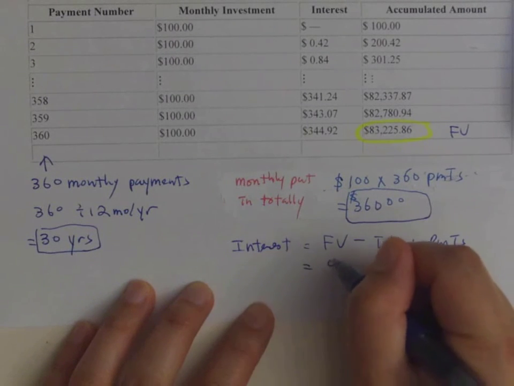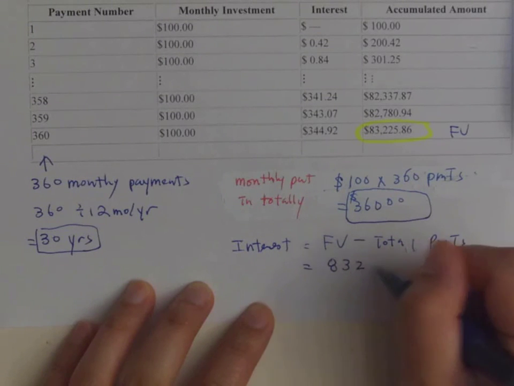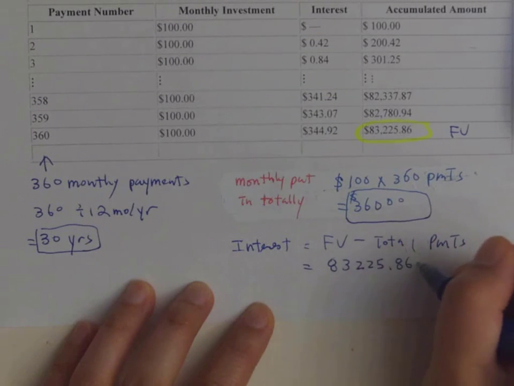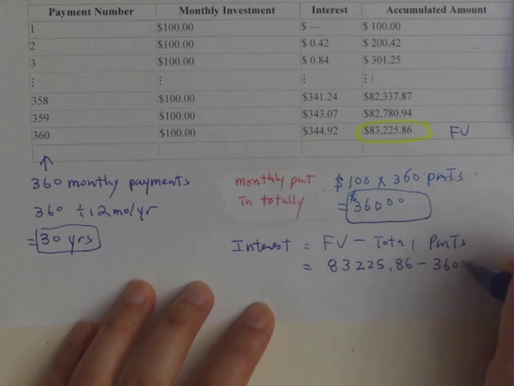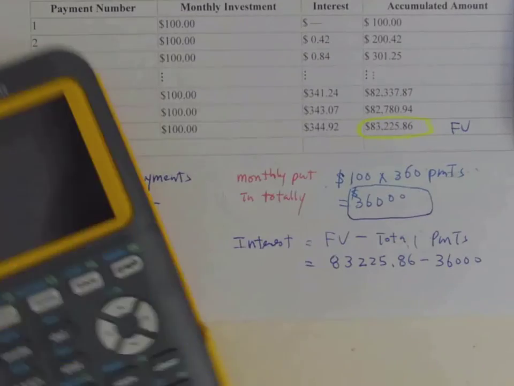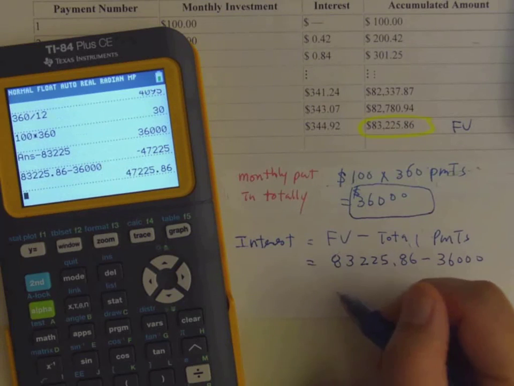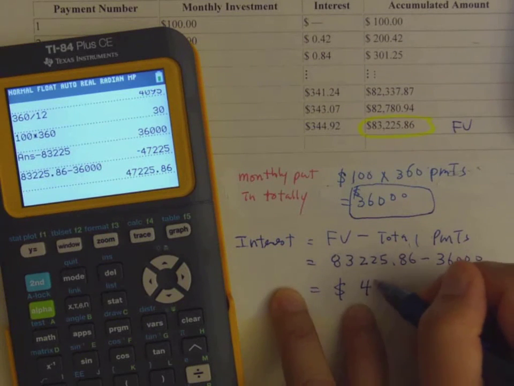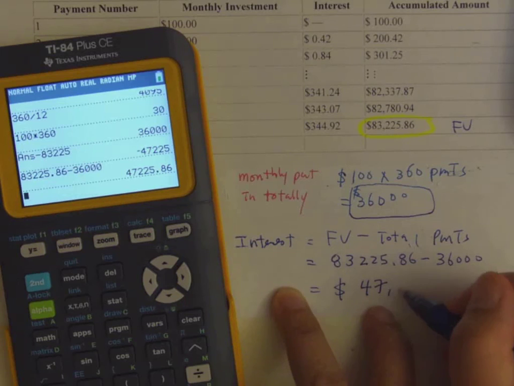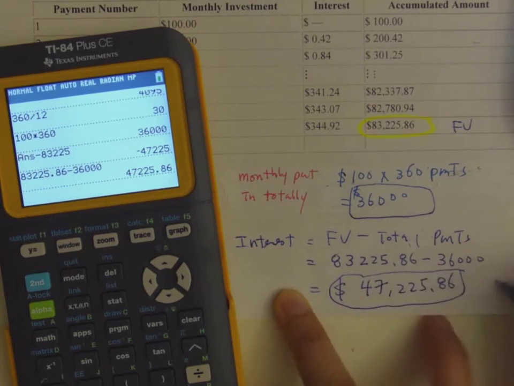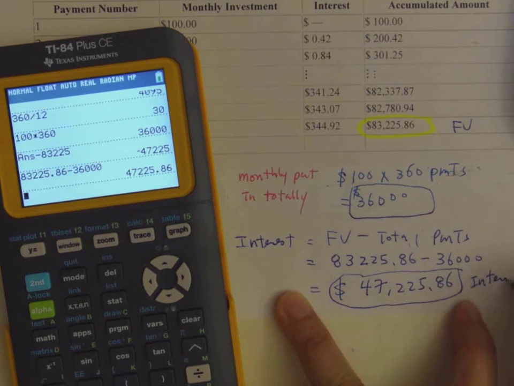So future value is $83,225.86, subtracting the $36,000 that we put in. So let's see. 83,225.86, subtracting my total payment. So wow, I made $47,225.86 for my interest.